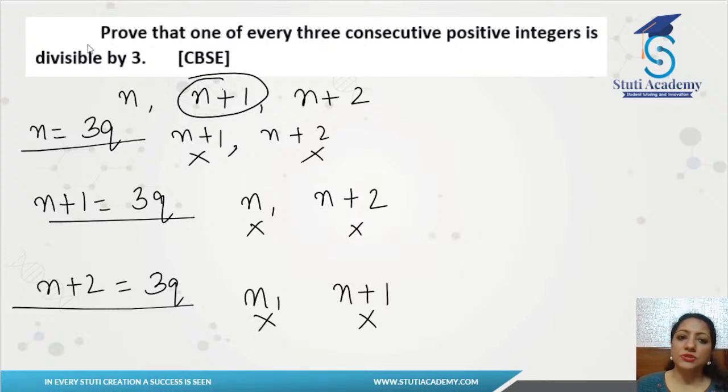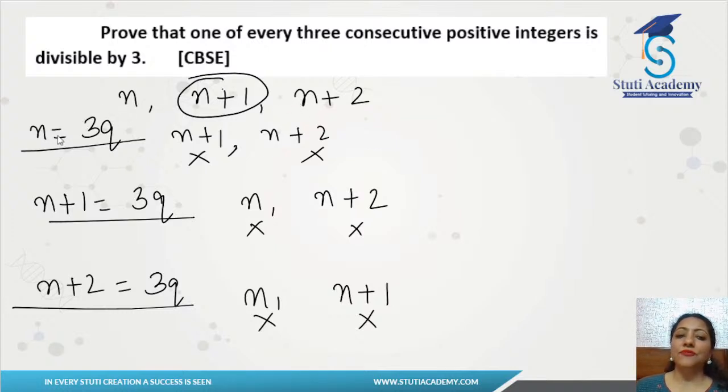So I'm repeating this question. Prove that one of every 3 consecutive positive integers is divisible by 3. We take 3 consecutive positive integers as n, n plus 1 and n plus 2. Now we have 3 cases: either n is divisible by 3, or n plus 1 is divisible by 3, or n plus 2 is divisible by 3. As I told you, every third positive integer is divisible by 3.